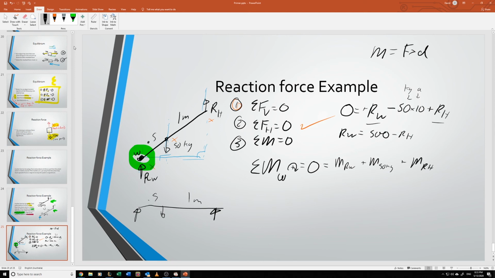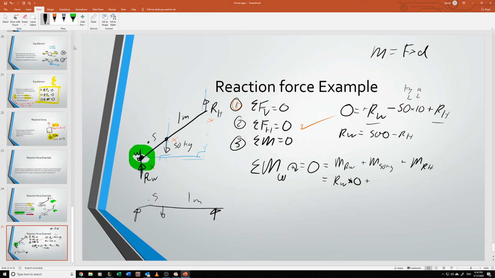So these are our 3 moments we're going to add up. When we do our moment of RW, we know that our force is equal to whatever our force of RW is, times, now what's our distance? If this force is going through this point over here, since it's going through the point, its distance is 0. Because if that line is on the point, it's going to be equal to 0. So equals 0, that's fine.